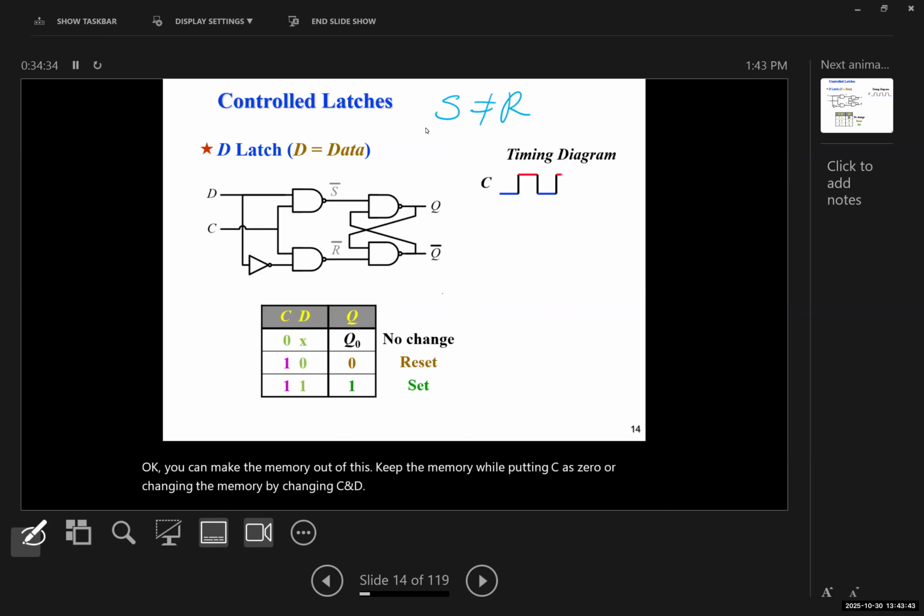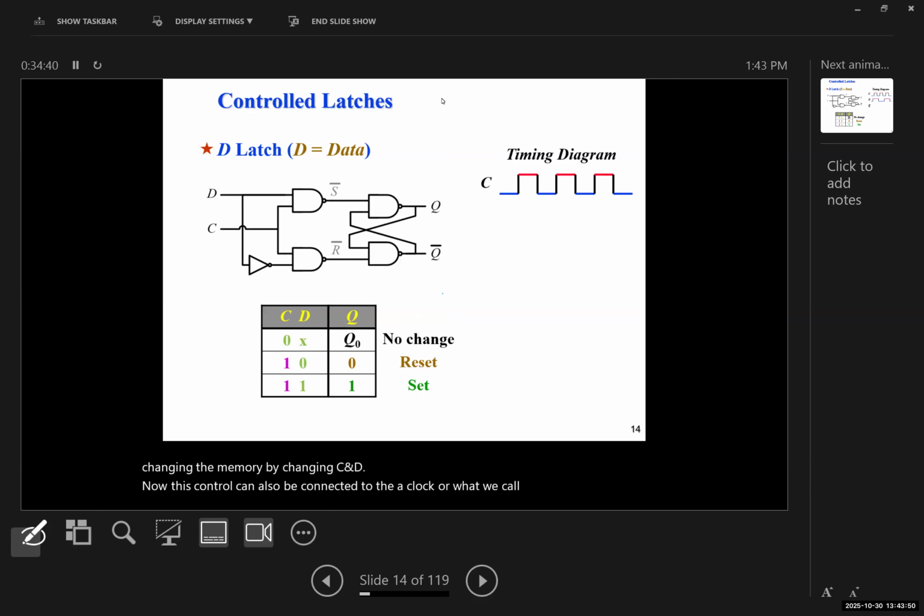Now, this control can also be connected to a clock, or what we call a timing diagram. Why do we want to put a clock here? The reason is that we want to synchronize all our memories together. Imagine this is a 1-bit memory, and now we want to have a 1-byte memory. So we have to put 8 of them together in a stack.